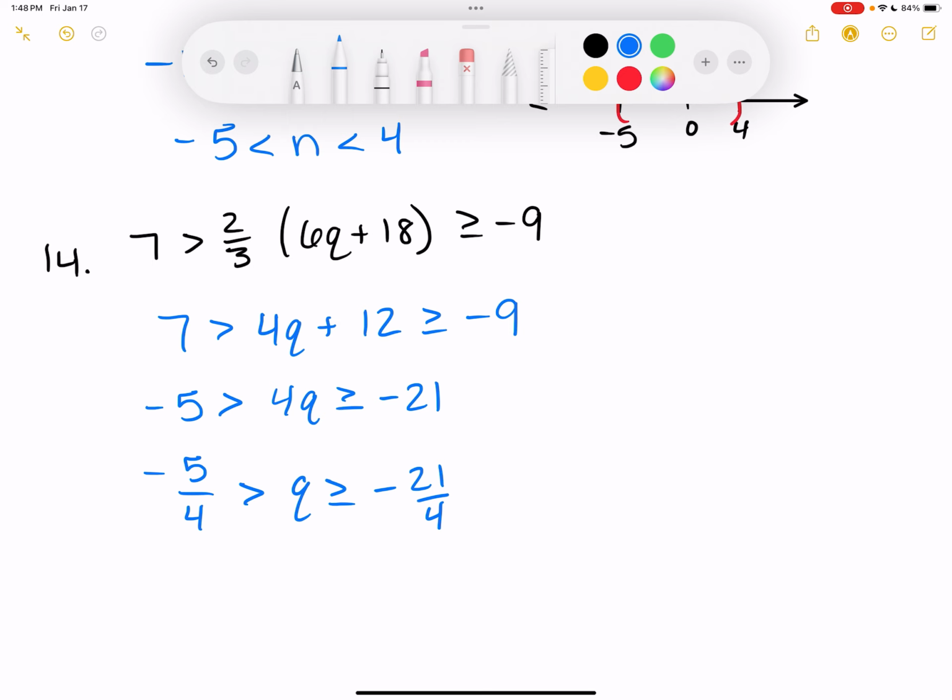Negative 21 over 4 is smaller than negative 5 over 4. Okay, because this is 5 and 1/4, this is 1 and 1/4, but they're negative. So I need to flip the whole thing over. So negative 21 over 4 is less than or equal to q is less than negative 5 over 4.